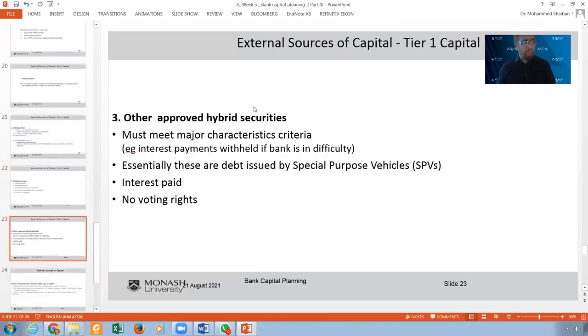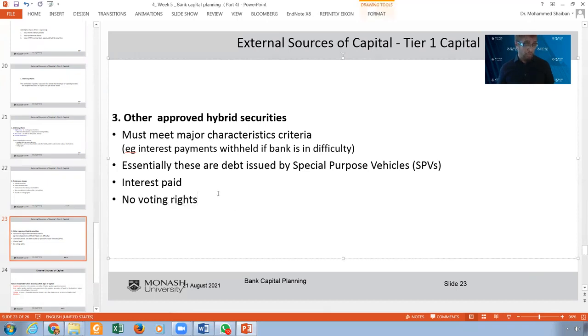Now, this, what we call approved hybrid securities, must meet major characteristics. So interest payments will be there, unless the bank decides to withhold it if it is in difficulty. Essentially, this is a debt issued by special purpose vehicles. They are interest paid and they have no voting rights.